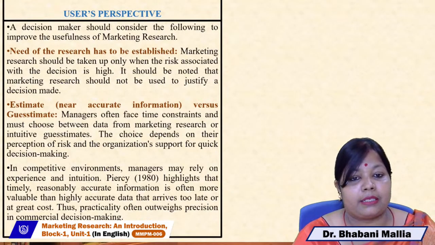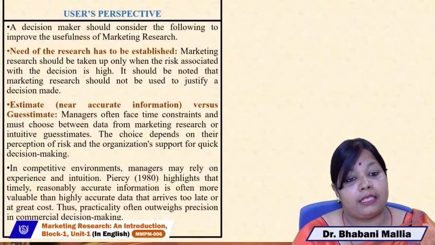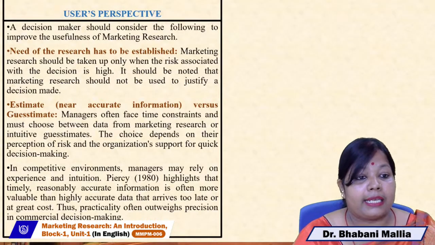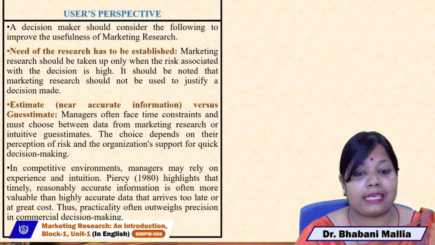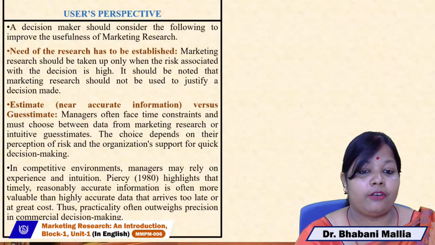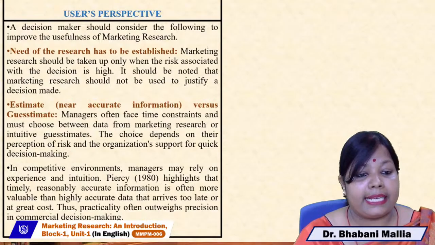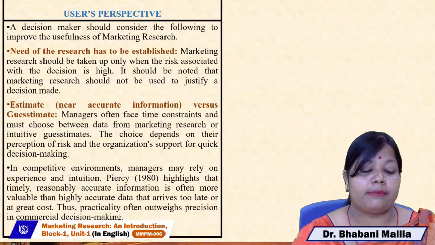Second is estimate, meaning near accurate information, versus guesstimate, which is to guess. Managers often face time constraints and must choose between data from marketing research or intuitive guesstimates. The choice depends on their perception of risk and the organization's support for quick decision making.